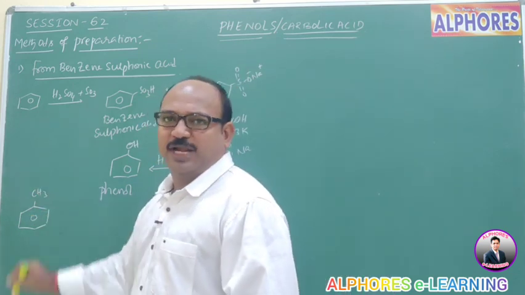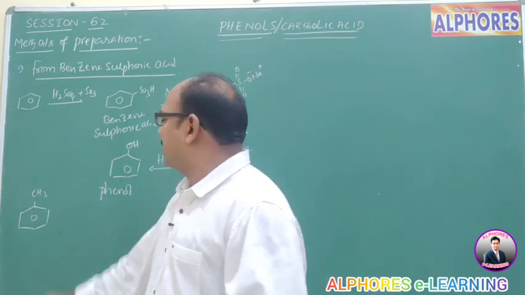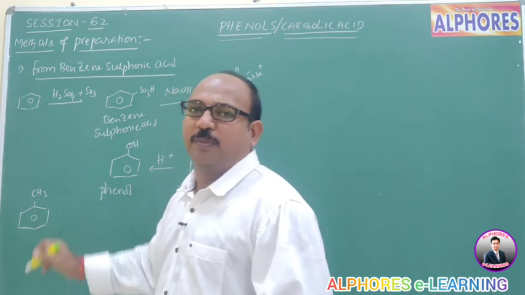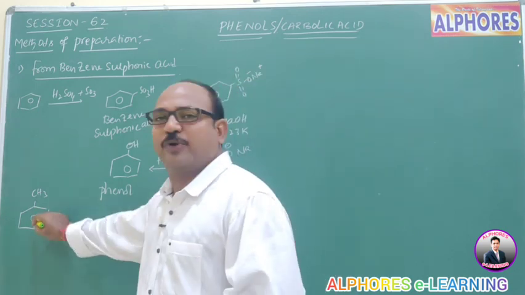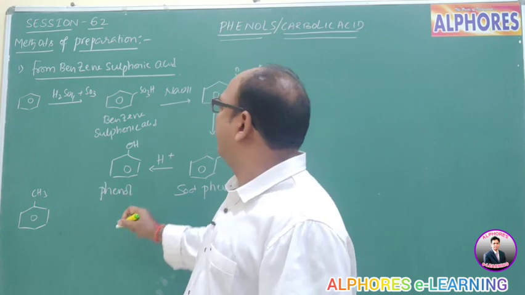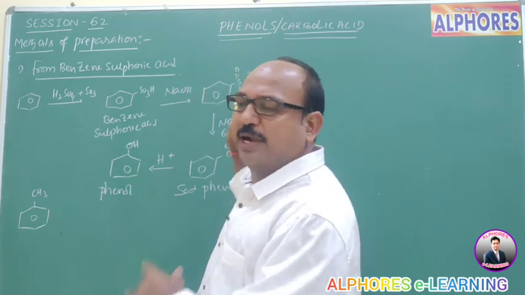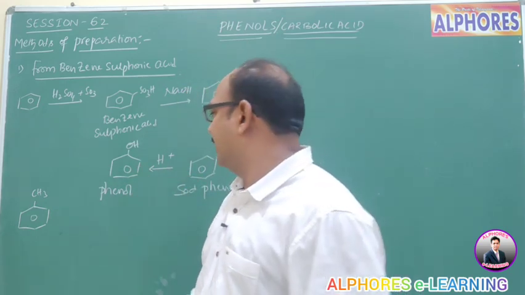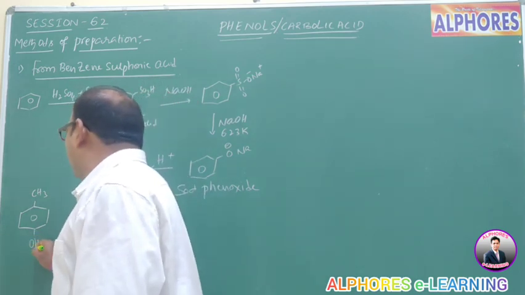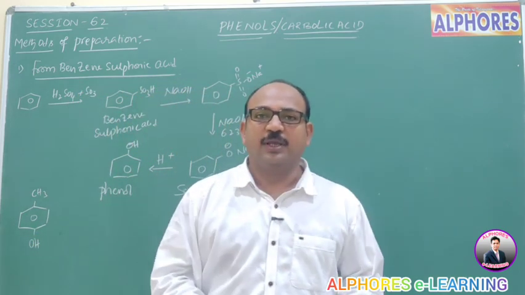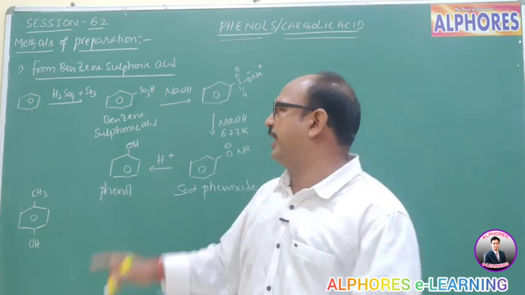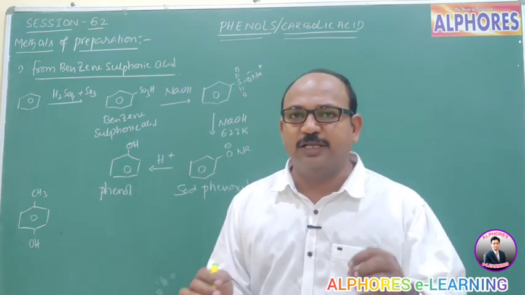Because the methyl group is an electron releasing group, sulfonation takes place at ortho and para. The ortho position is hindered, that's why the para position, para-sulfonic acid, which upon reaction with sodium hydroxide follows the same mechanism. So try to prepare paracresol. In this method, how can we prepare paracresol?